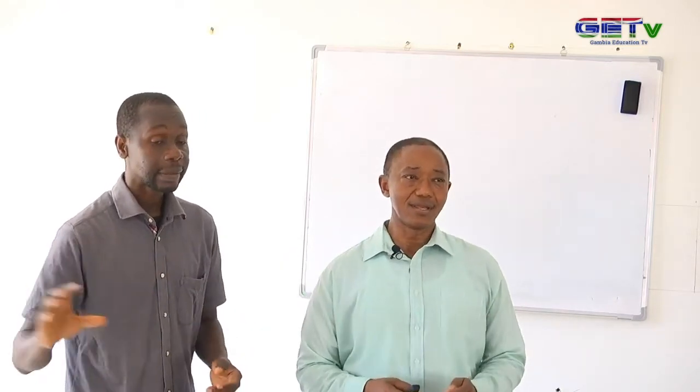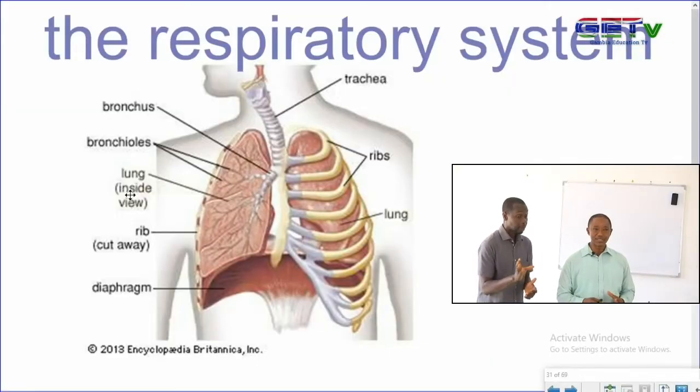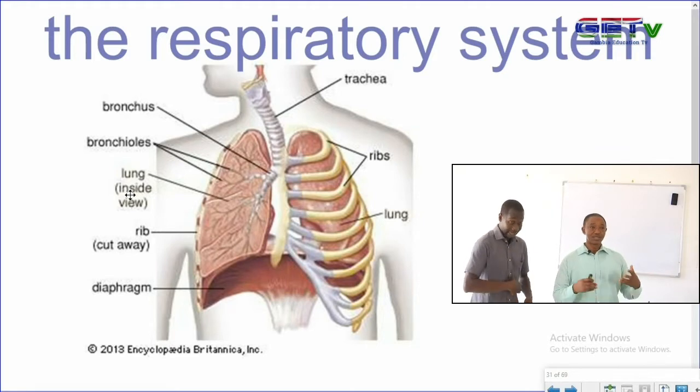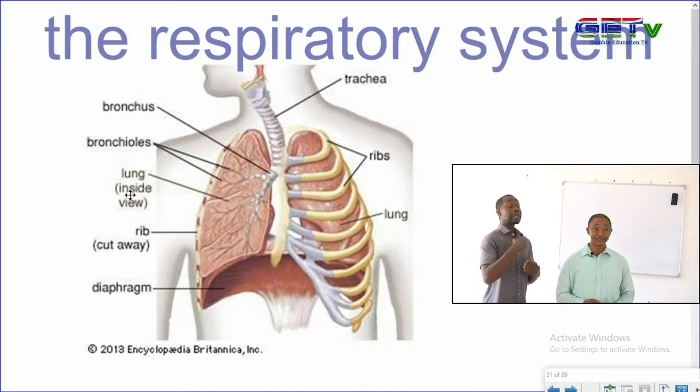So then we started with the body systems. We've looked at the digestive system. We looked at digestion and the process of digestion, the end products of digestion. So now we move on to the respiratory system.